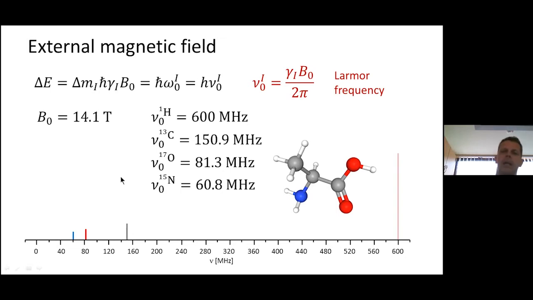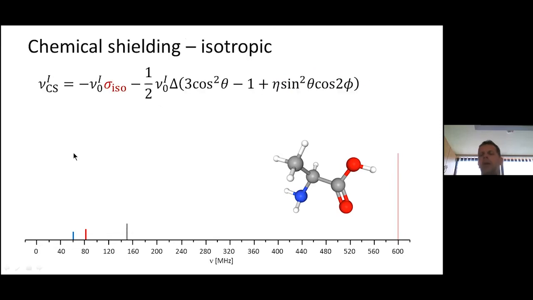But luckily, the external magnetic field is not the only contribution to the magnetic field. I've previously mentioned that a very important contribution is also the one of the circulating electrons around atomic nuclei. So electrons circulate around atomic nuclei when we put the sample into a magnetic field. This is the diamagnetic response of matter, of electrons, to the presence of a magnetic field.